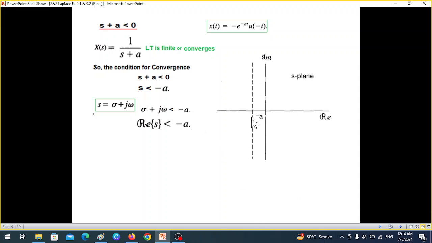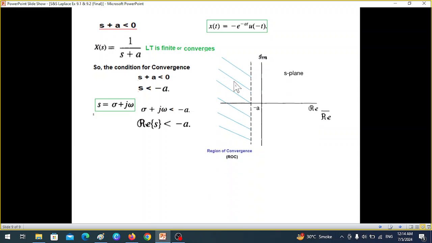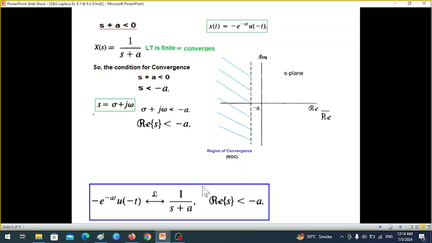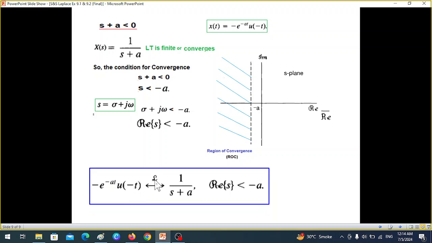This is our minus a point, but where we draw the ROC line, the real part of s has to be less than minus 1. So this is minus 1. Less than means it will be on the left hand side. This is the region of convergence. So for the final answer we write that this Laplace transform is 1 over s plus a, and the region of convergence is Re(s) less than -a.